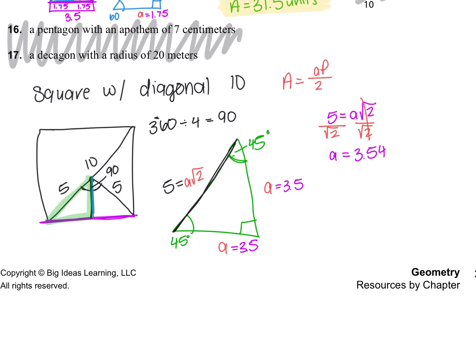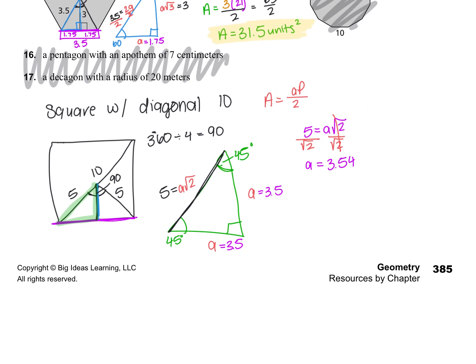So do I know what my apothem is? Look at it. Do I know what my apothem is? Yes. What is it? Good. 3.54. And this piece in purple is also 3.54, which means this is also 3.54.